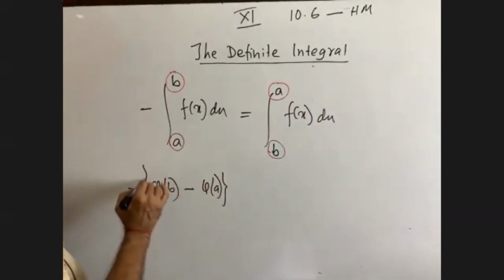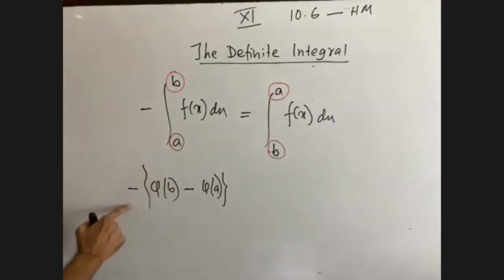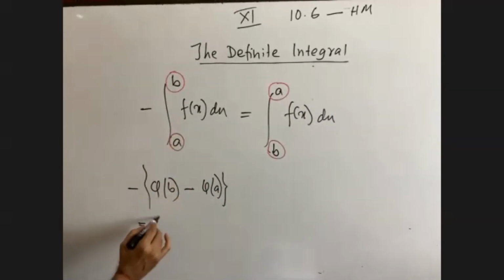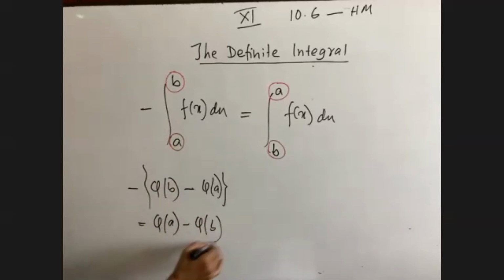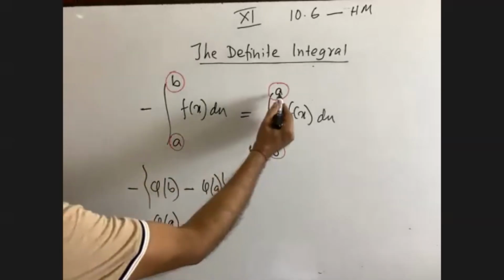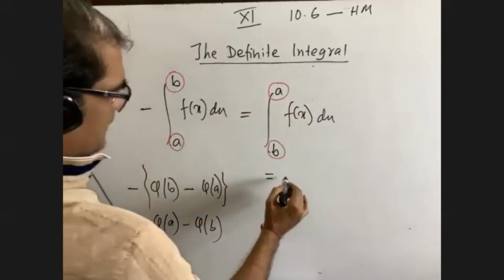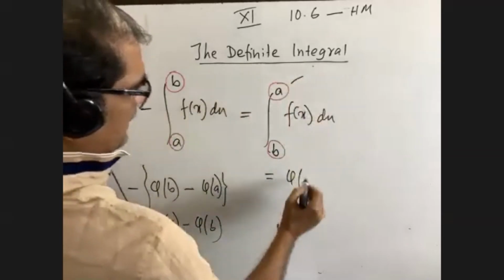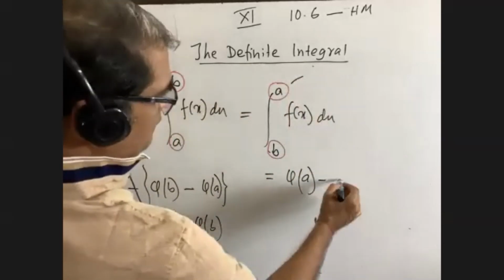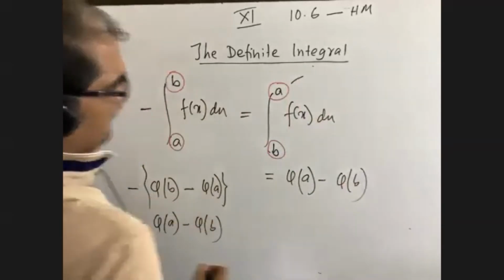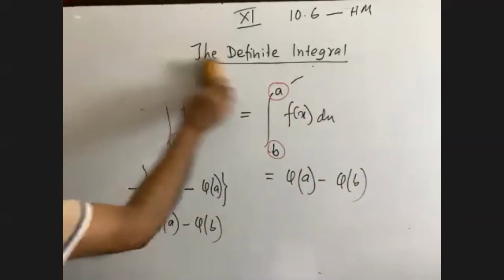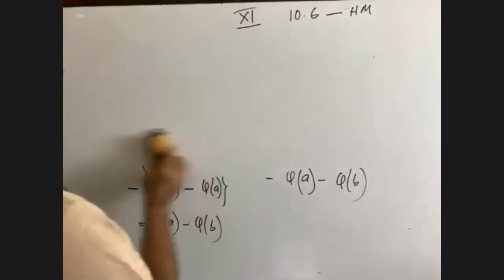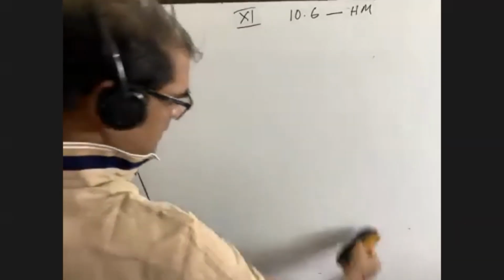This is the value here, right? This is minus and its value is this. Now we can write minus minus plus, phi a minus phi b. It means phi, upper value at first, minus lower value. Always this. In short, I am telling you: upper value minus lower value.